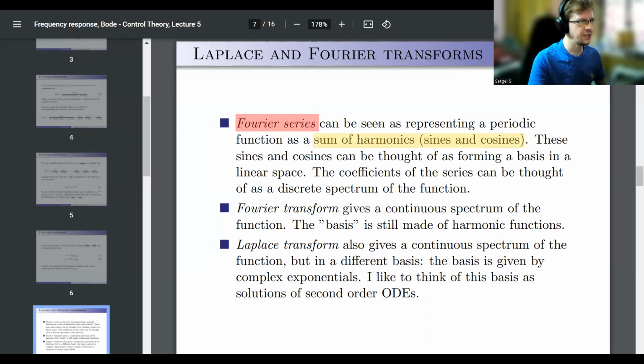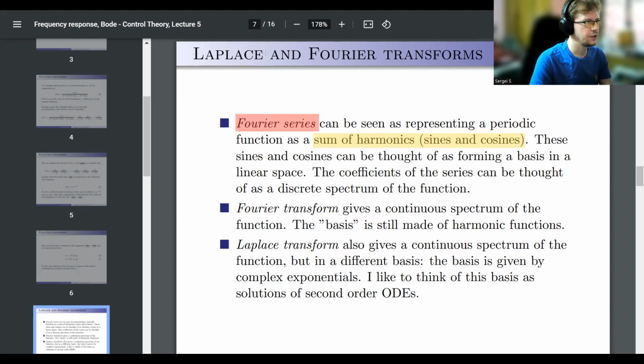Those harmonics form a basis in the linear space. Coefficients of this decomposition are like a discrete spectrum of the function. So the function, its spectrum, can be seen as having discrete points there.